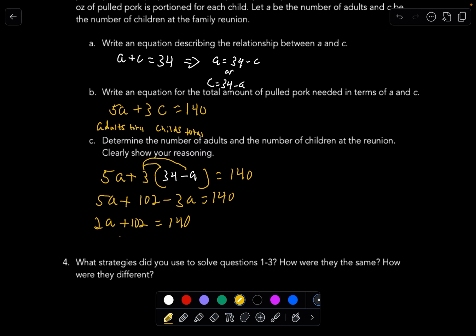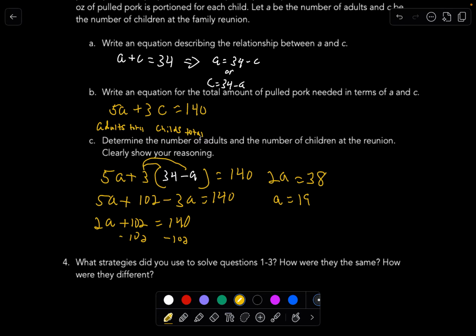Subtracting 102 from both sides, isolating the variable, gives us 2A equals 38 and A equals 19. So there were 19 adults.